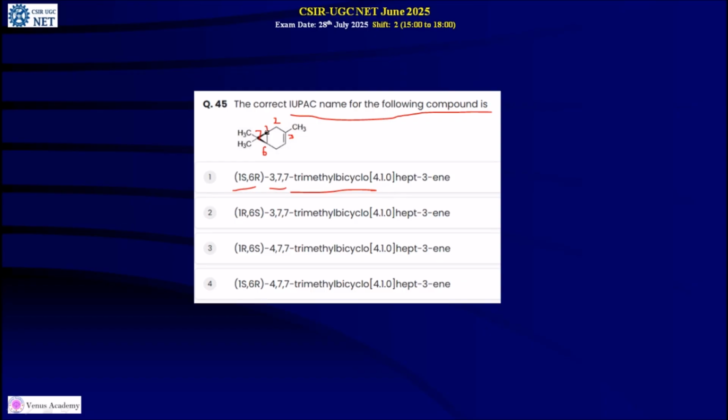Yes, 4 means 4 is here, and 1, right? So 1, 2, 3, 4 and 1, 0: bicyclo[4.1.0]. Hept-3-ene, the double bond is here in the 3 position, so hept-3-ene. Option number 1 is the correct option, students.